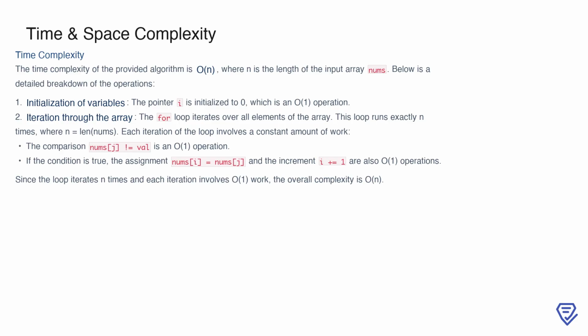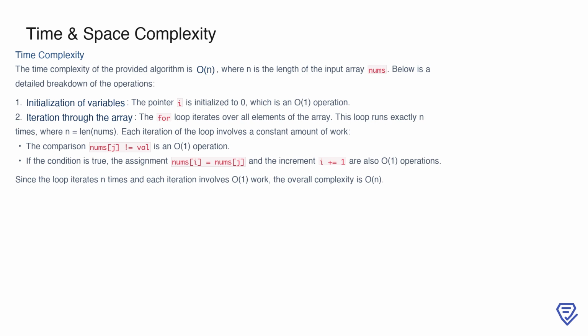Specifically, the comparison nums[j] equals val is an O(1) operation, and if the condition is true, both the assignment nums[I] equals nums[j] and the increment I += 1 are also O(1). When you multiply the number of iterations, n, by the constant work done in each iteration, you get a total time complexity of O(n). This means the algorithm scales linearly with the size of the input array, making it efficient for larger inputs.